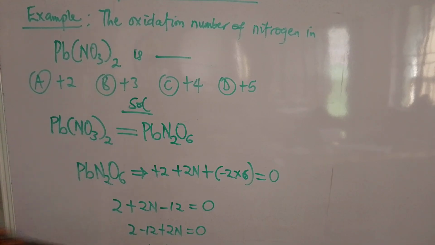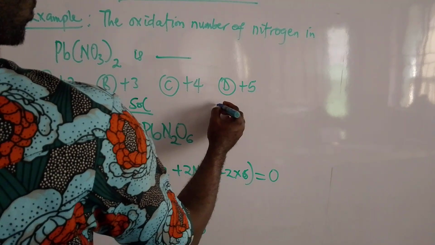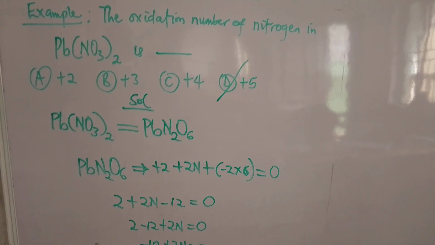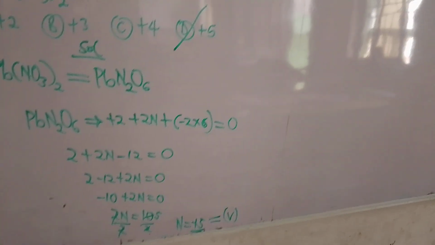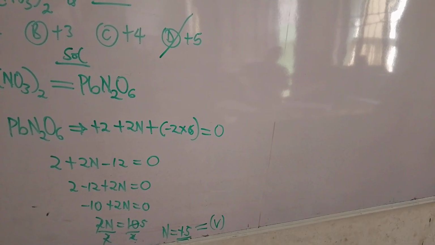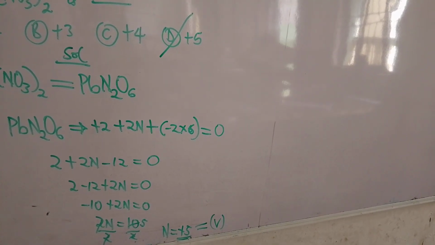So the plus 5 that we have here now is option D. Do you get it? Yes, sir. Option D is the right answer.